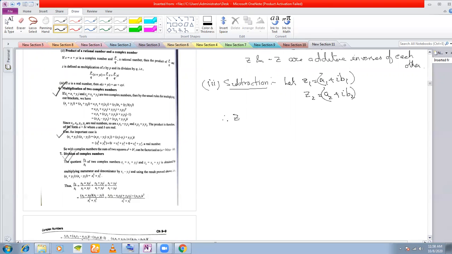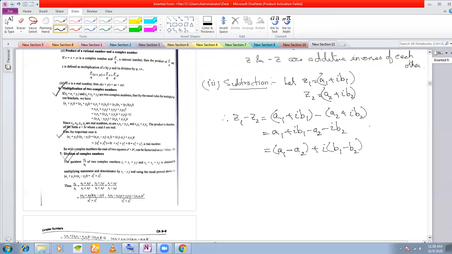Therefore, z1 minus z2 will be a1 plus ib1 minus (a2 plus ib2). Open the brackets, change the signs. Take the real parts together and the imaginary parts together.